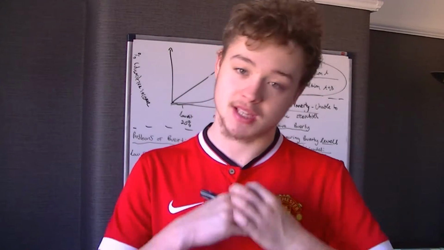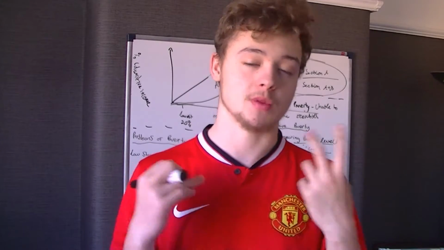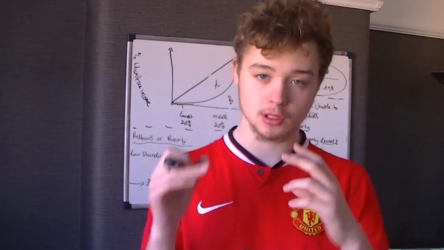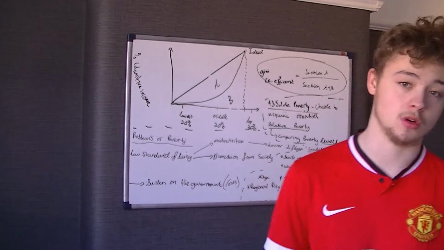If there's a high level of unemployment, there's generally a low income in these areas. These are areas where businesses don't want to set up because they're already deprived, so the workforce isn't going to be as skilled there. Because there's higher unemployment and lower income, people are closer to absolute poverty. So it's always relating back to these last two points: whatever causes a decrease in income or low income.